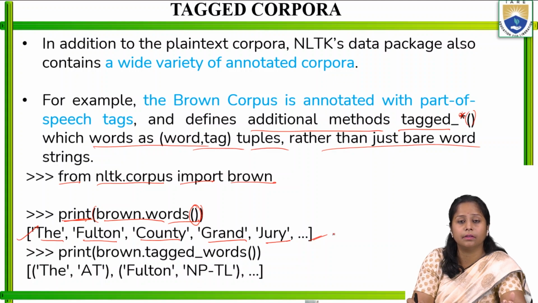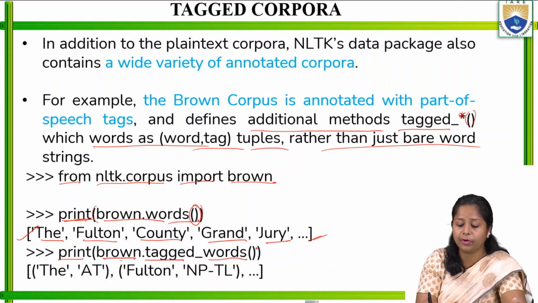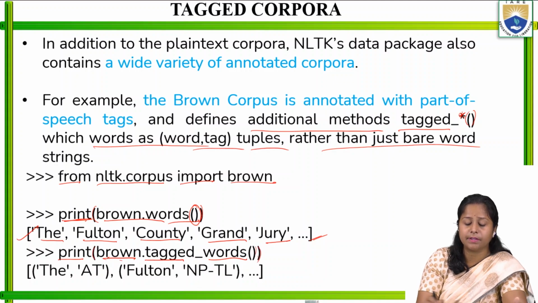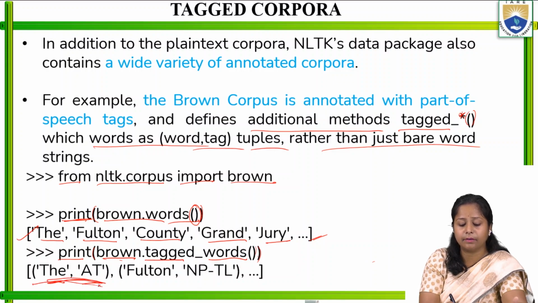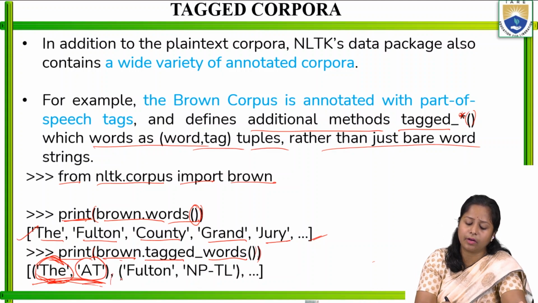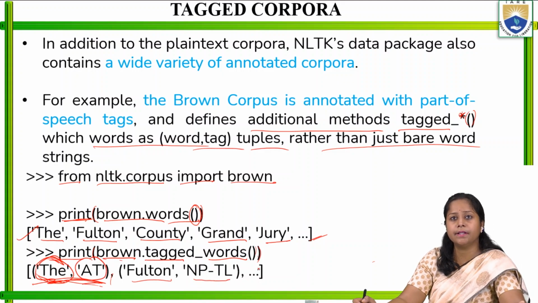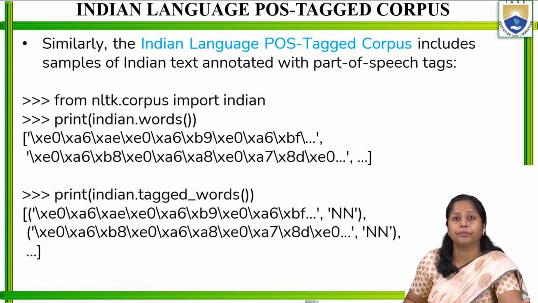So here in this Brown corpus, in the tagged corpora, if I write print brown dot tagged underscore words function inside the print function, I will get the output as tuples, each kept as 2 words in one tuple, like the, at, then in the next one Fulton, NPTEL, like that. That is a text corpus and tagged tags are there.